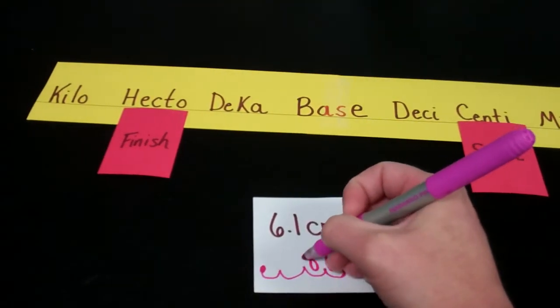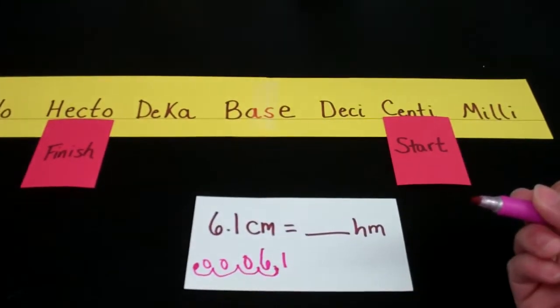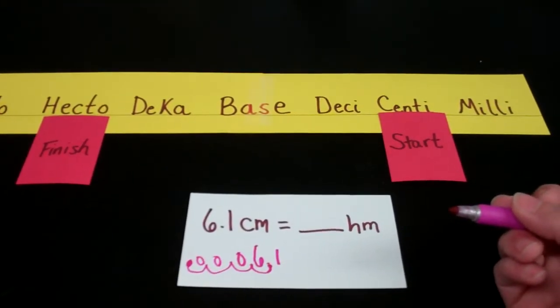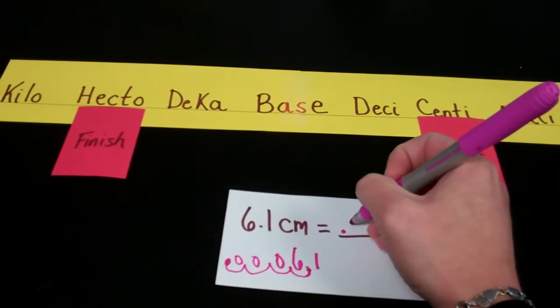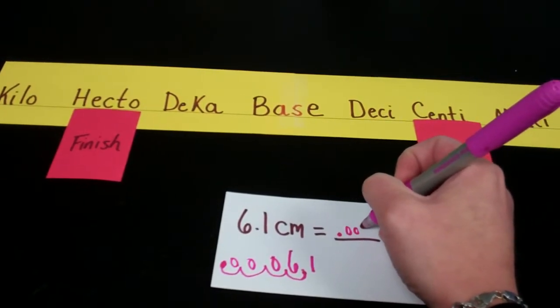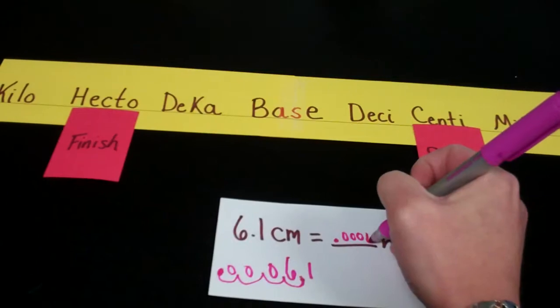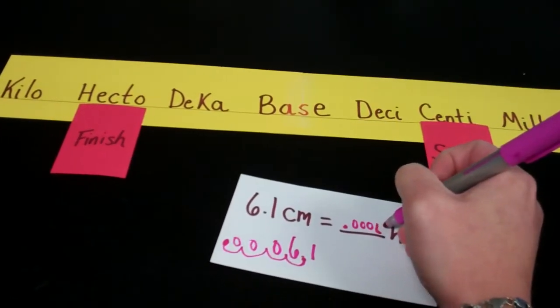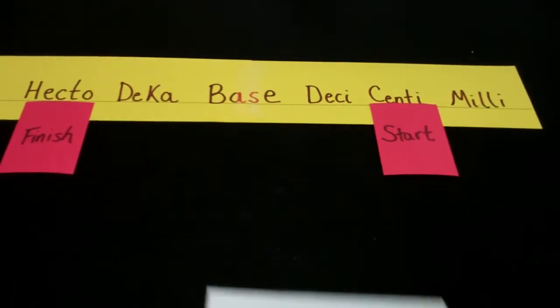So I'm going to add 3 zeros. And my new metric measurement of 6.1 centimeters is equal to 0.0061 hectometers. Let's try another one.